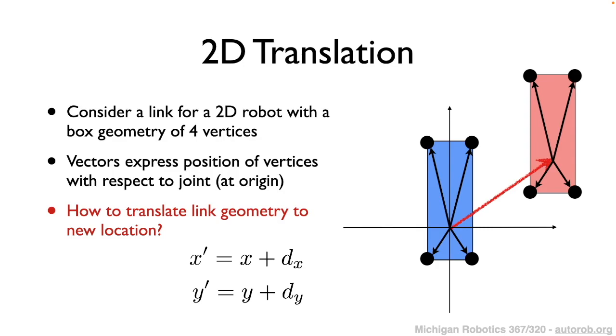In particular, the way that we can do this is we can apply a translation vector to each dimension of our vertices. So in the case of our box geometry, this means we can apply an offset in the dimension x to the x coordinate of one of the vertices, and we can apply a translation along the y dimension of one of the vertices to form a new transformed vertex x prime and y prime.